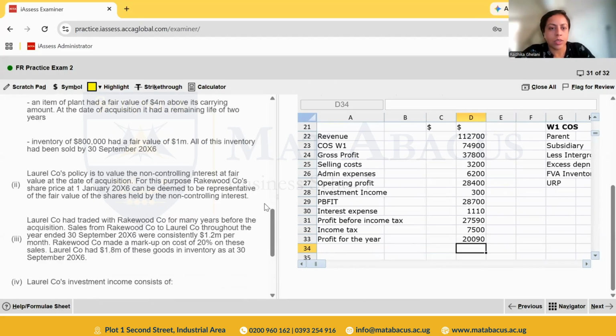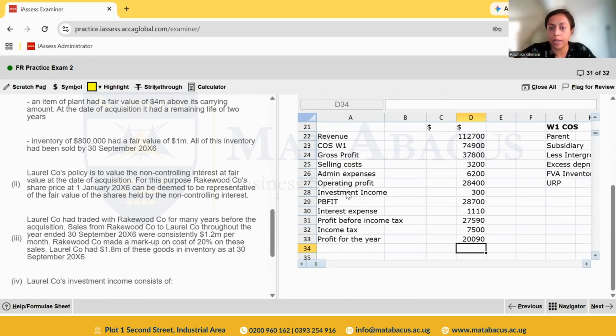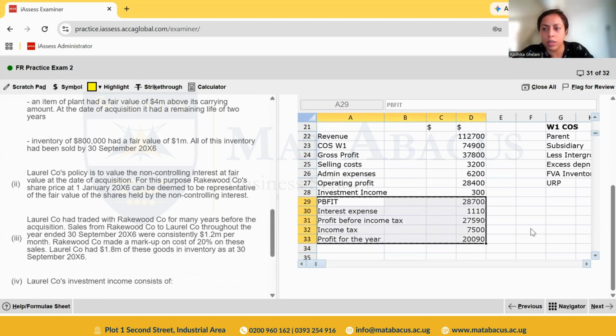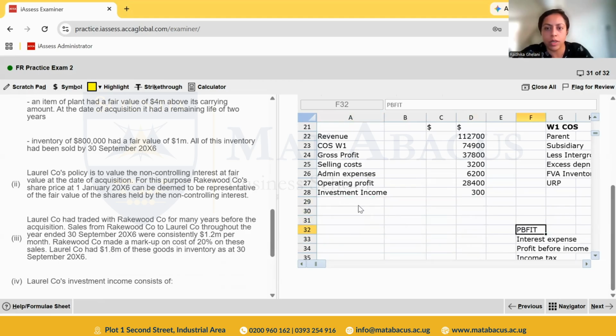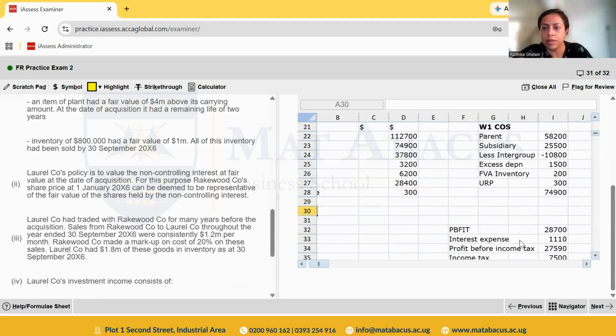Remember, there's an associate. That means we are entitled to the profit. The parent is entitled to the parent share of the associate's profit. Okay, that comes after operating profit. So I'm simply going to push my workings somewhere. Hold on, I need to create a line there, and I'll bring them.